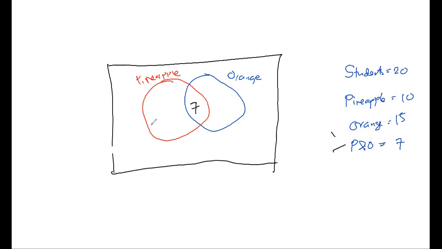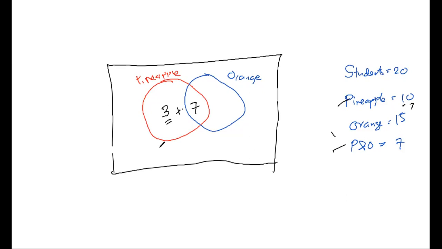Next, how many like pineapple? There are 10. But since we already have 7 in the circle for pineapple, we say 10 minus 7. We only have 3 students who like pineapple only. But if I say how many students like pineapple juice, you add 3 plus 7. That is 10. Next, let's go to the orange.